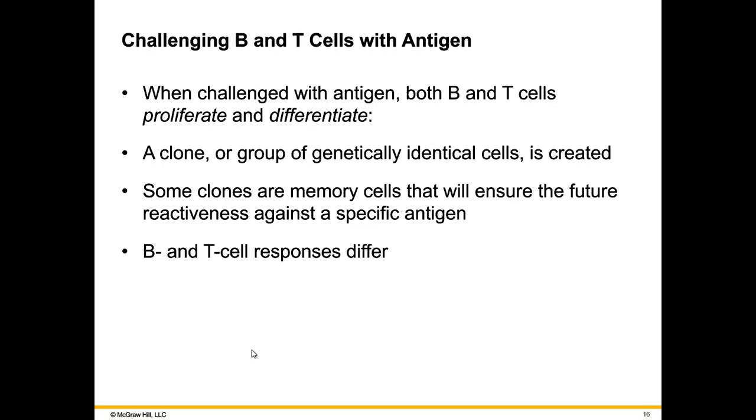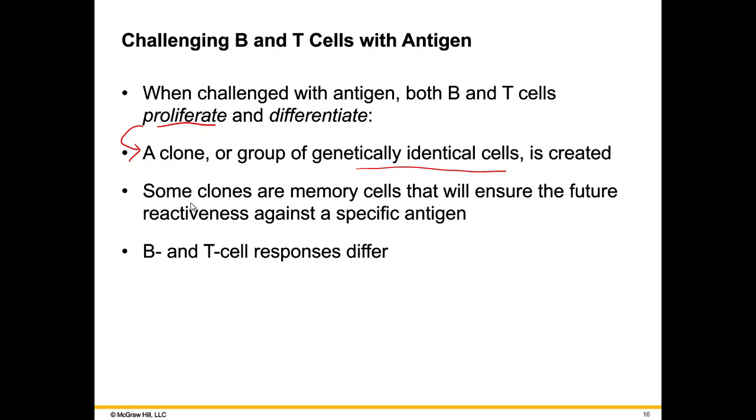A clone, another term we're going to learn about, is a group of genetically identical cells. That's the proliferation part. Proliferating via mitosis many times will create many clones of genetically identical cells, which y'all should have covered in A&P and biology.